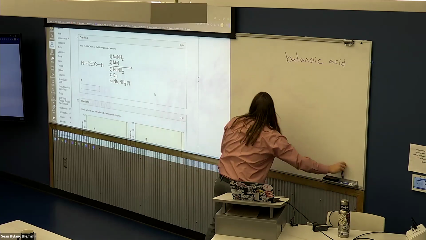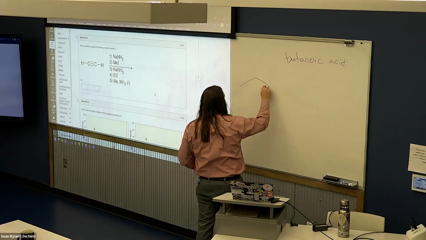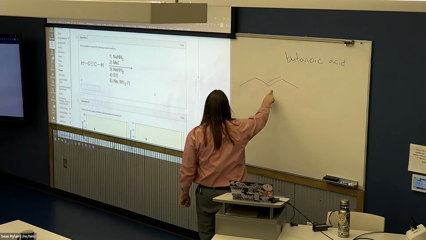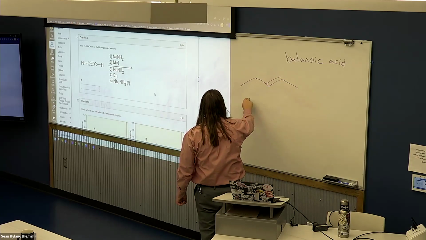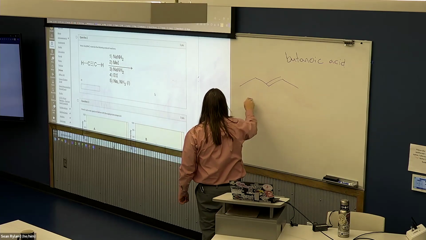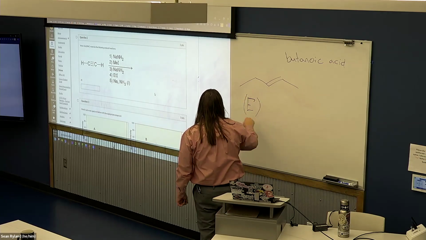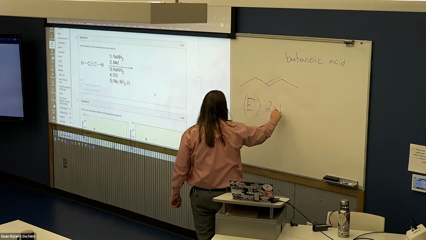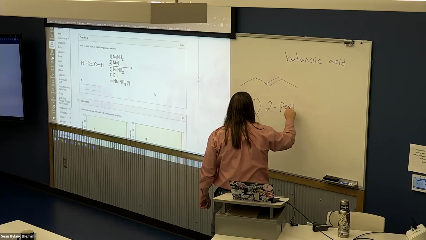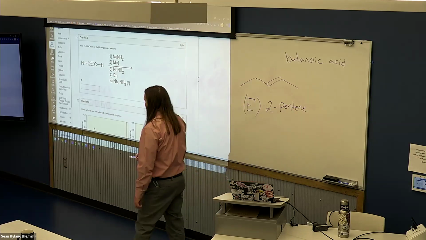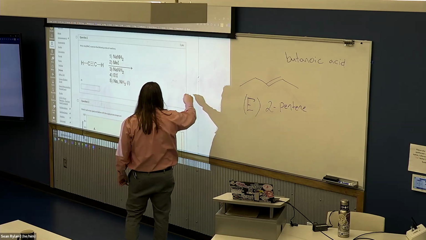Okay. So that's going to be no E. 2-pentene. And that came from the 2-pentyne.